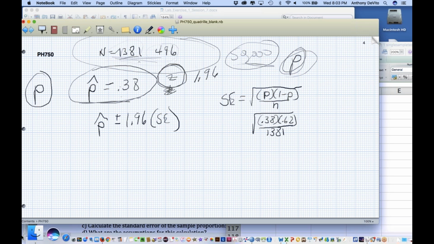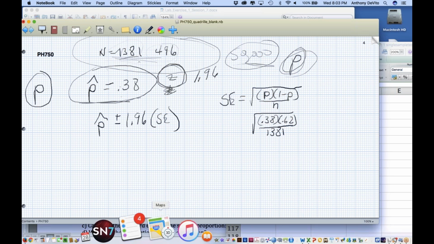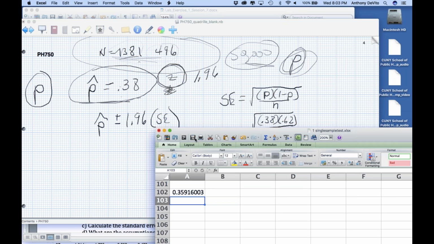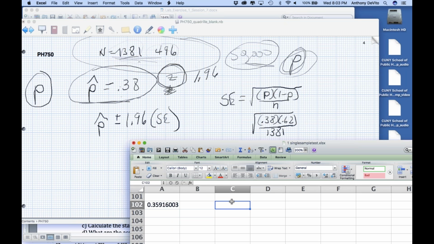Well, let's calculate what that is. Let me get to Excel here. Okay, here we go. That's going to be equal to the square root of 0.38 times 0.62, divided by 1,381.